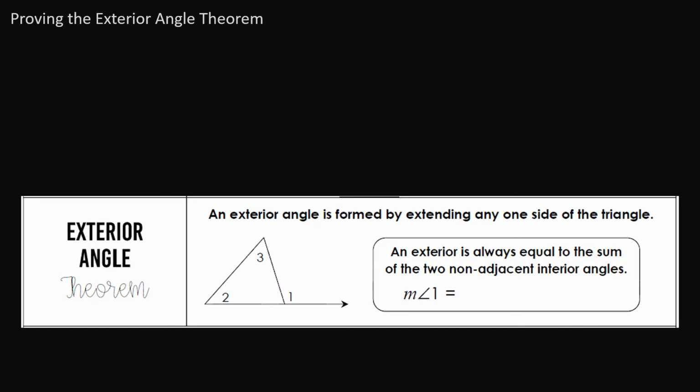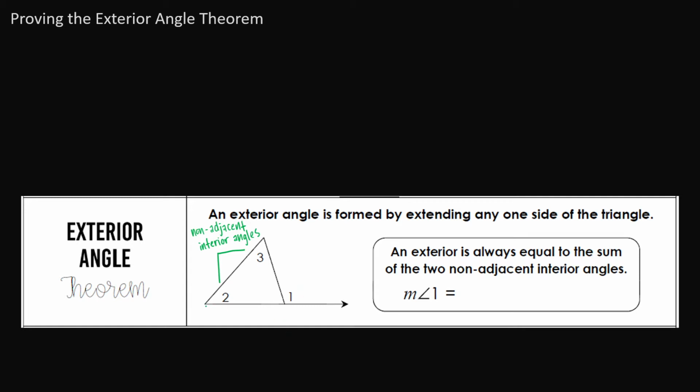Now let's actually prove the exterior angle theorem together. You'll see in this diagram below we have a triangle and we have angles 2 and 3. 2 and 3 are what we call non-adjacent interior angles in their relationship to angle 1.